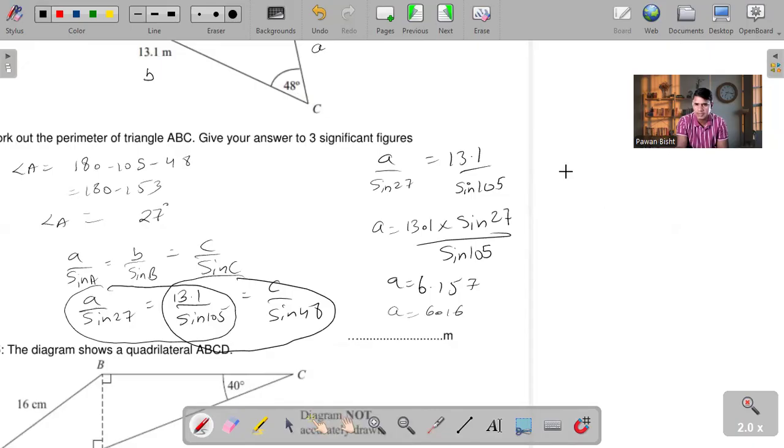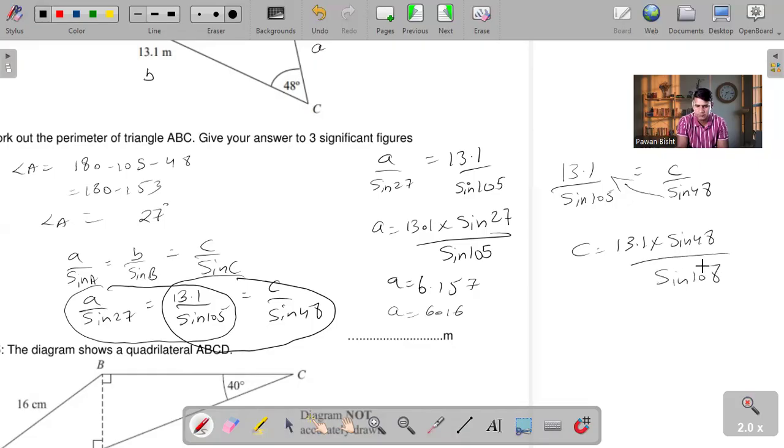To find C, we again apply this formula. 13.1 over sine 105 is equal to C upon sine 48. So to find C, sine 48 goes to that side. So C is 13.1 times sine 48 over sine 105.